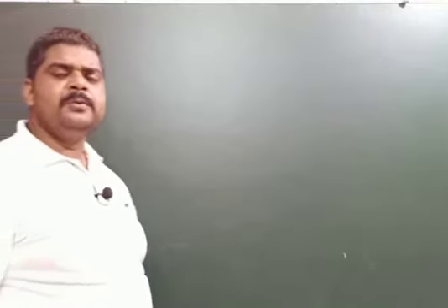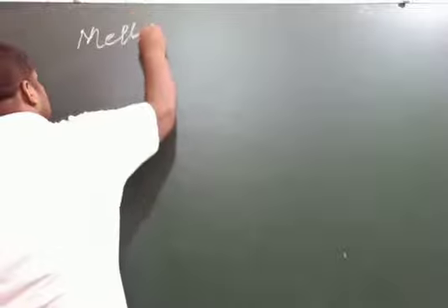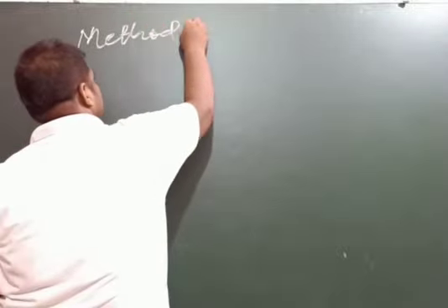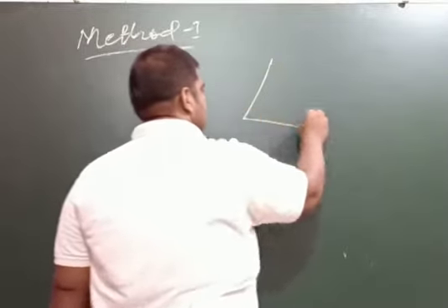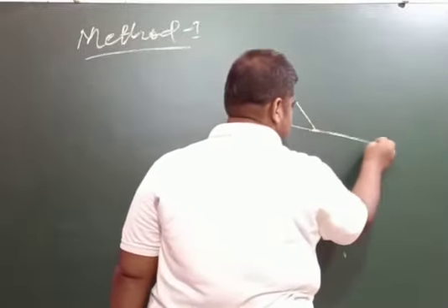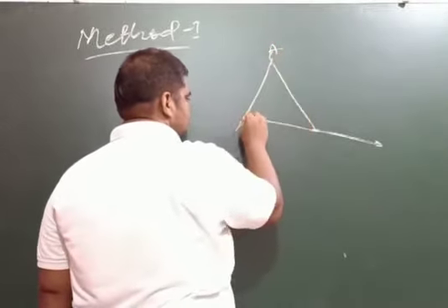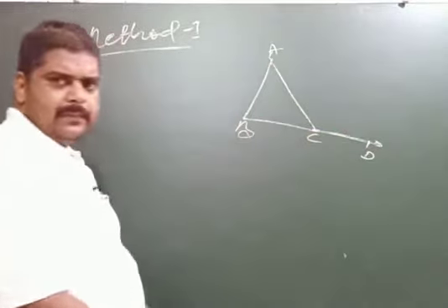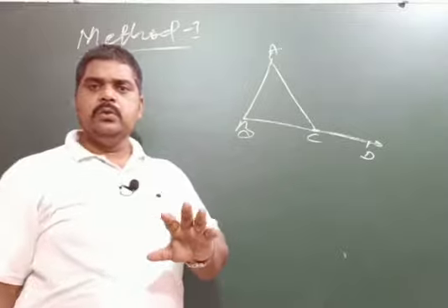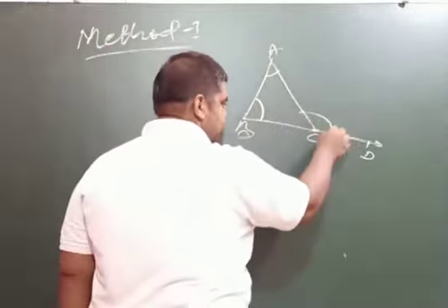It can easily be proved by various methods. In the first method, you draw a triangle and extend its side, and with the help of a protractor you measure this angle, this angle and this angle.